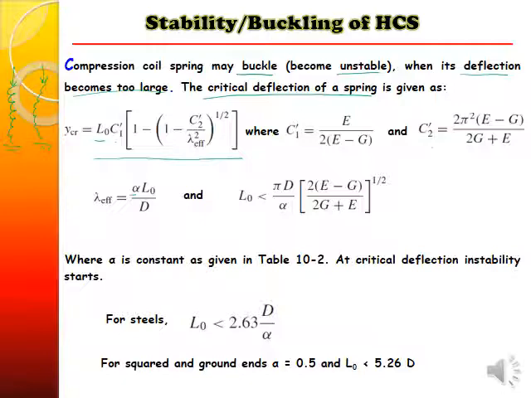L0 is the free length, and L0 has to be below this. If the free length is below this, then the spring will not buckle. As I told you, alpha will depend on the end conditions, and it is given in Table 10.2.